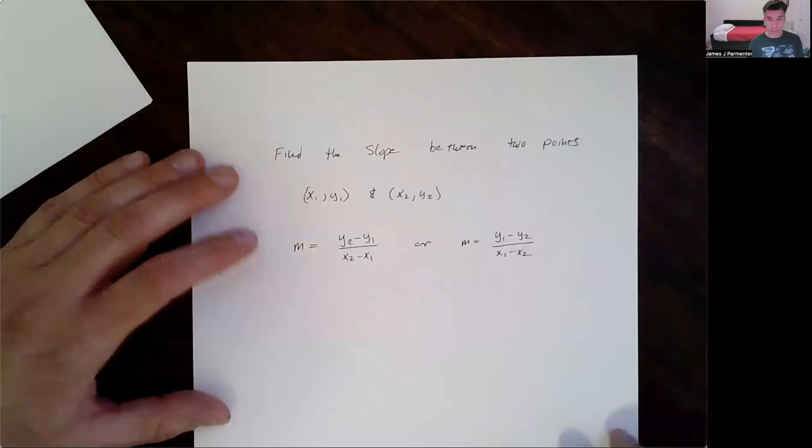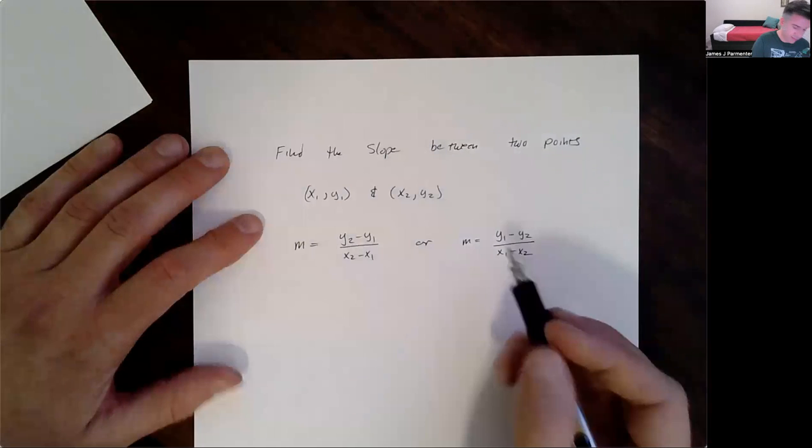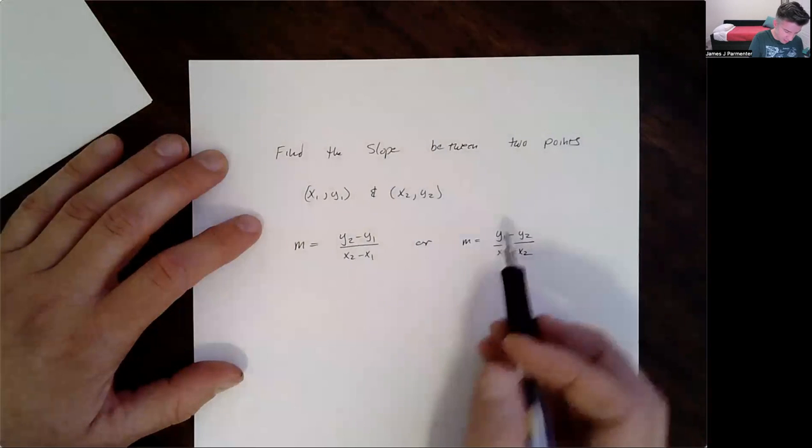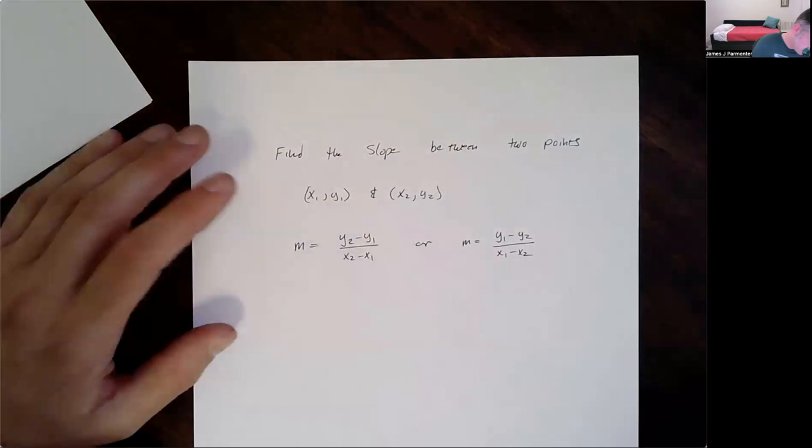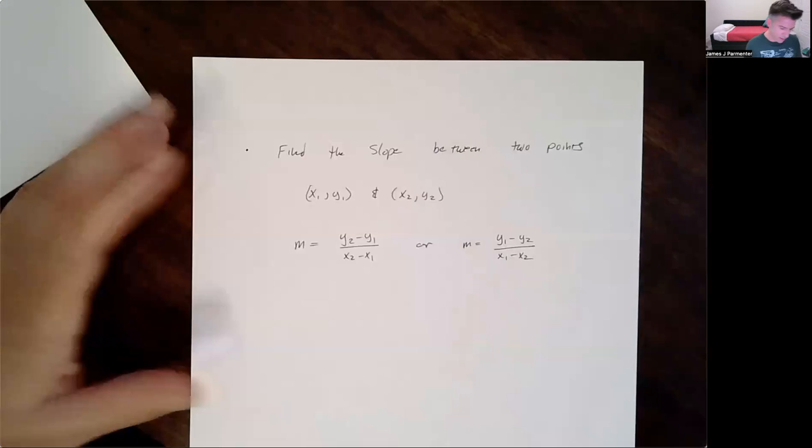Both of these will produce the same result. This one might look different at first because it'll be like a negative. Like if these are both positive, these will be negative, but the negatives will cancel out. Anyway, I think that's all I want to say about slope.